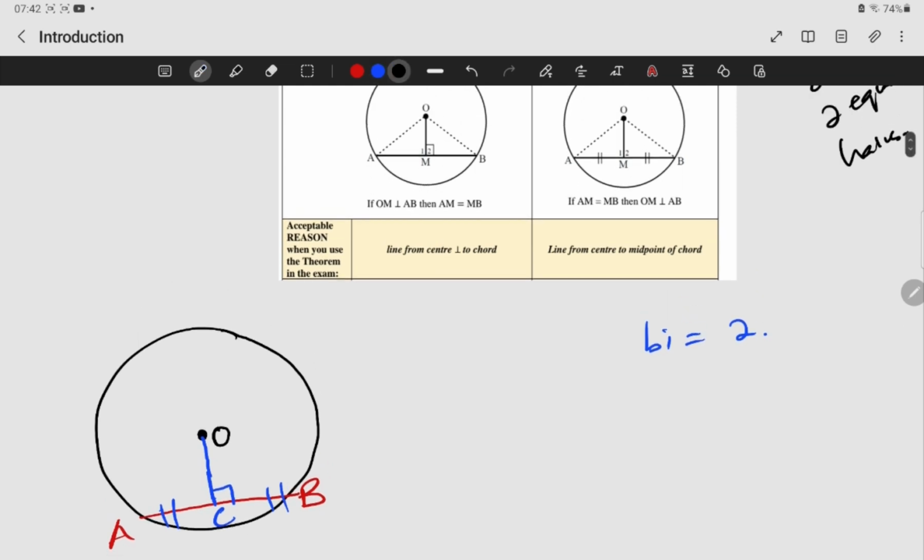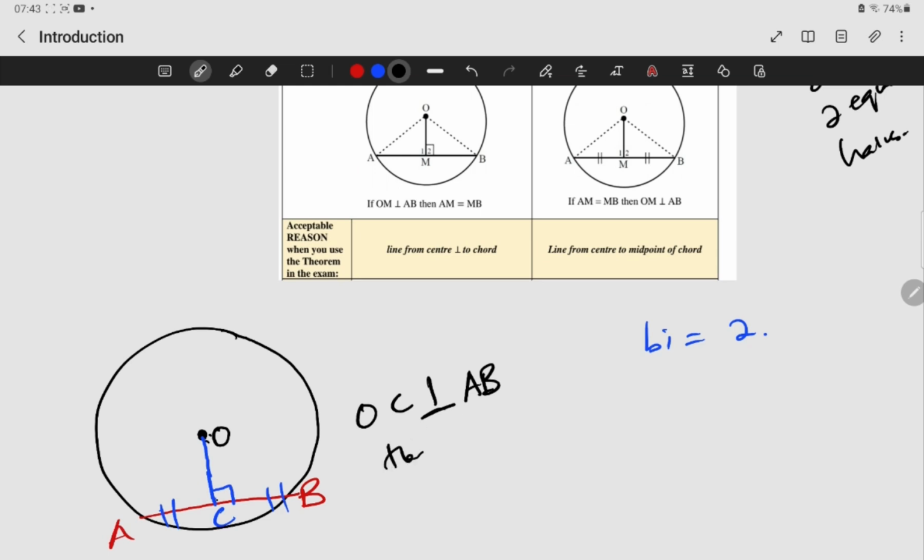So all in all, if we are given that OC is perpendicular to AB, a line drawn from the center perpendicular to a chord, our chord being AB, what do we conclude?